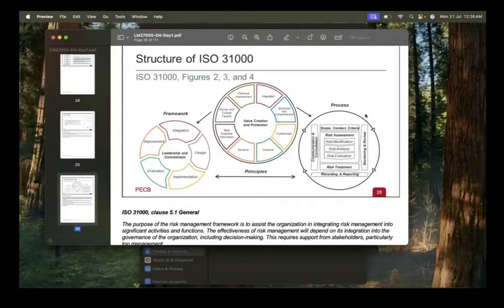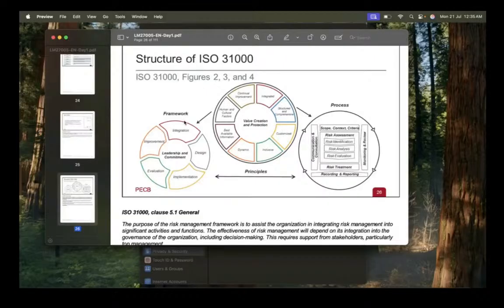The risk is identified, then the next step is risk analysis, and the last in this particular process is evaluation. After evaluating the risk, the next step is risk treatment. After risk treatment, recording and reporting happens. So this is a simple workflow showing how the process works.